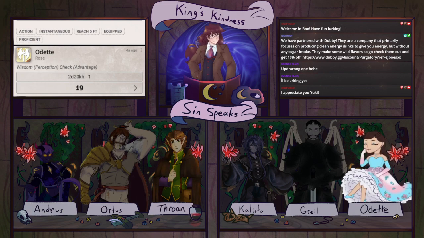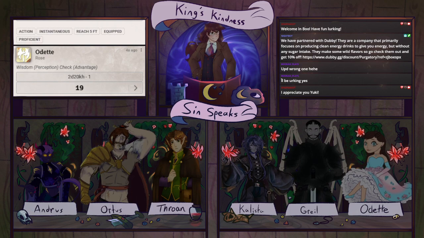You can also just cast light on one of your items. No, but wait, Odette's themed that though. That is true. But you could channel your divinity through you. I guess so. Could Callista make the air crackle around her or something? Sure, yeah. Okay. Callista's gonna flare up ye old channel divinity.